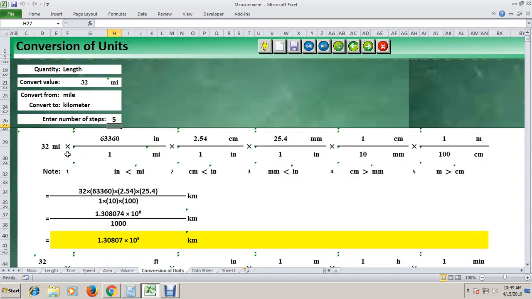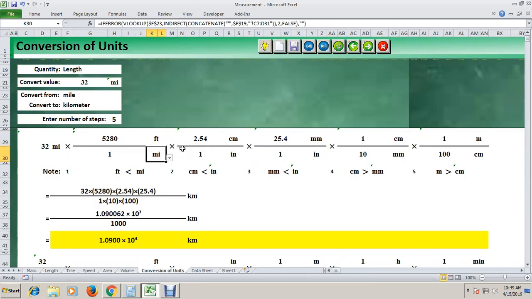So let me first set the details. What I'm going to do is convert miles to the number of kilometers. In my first step, converting miles to the number of feet: for every 1 mile, you have an exact value of 5,280 feet.